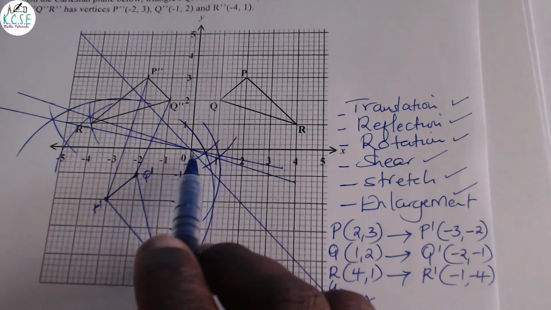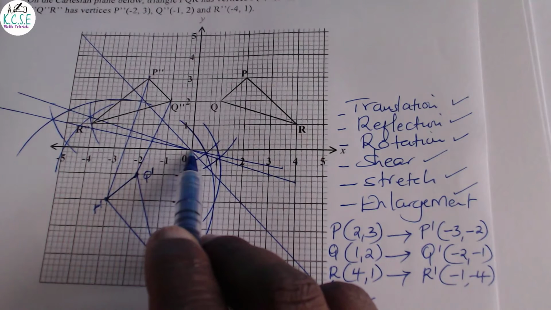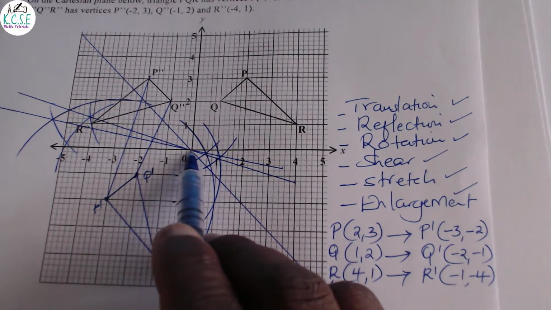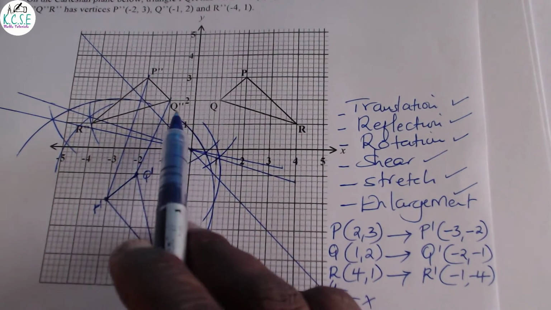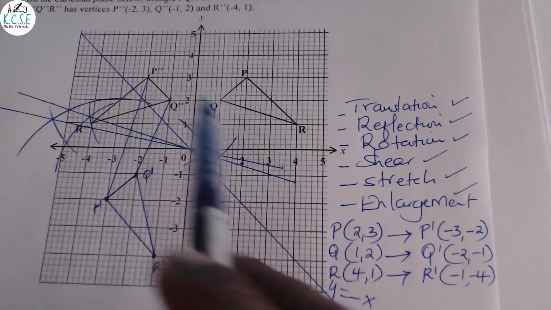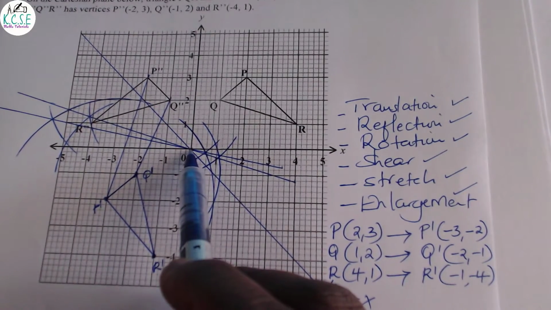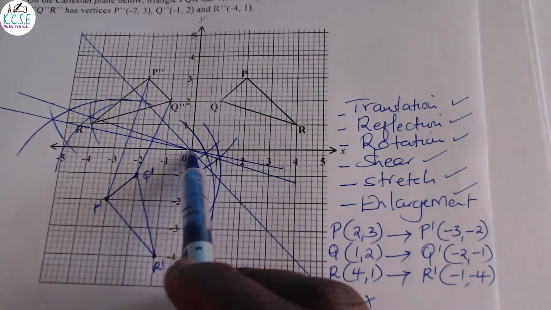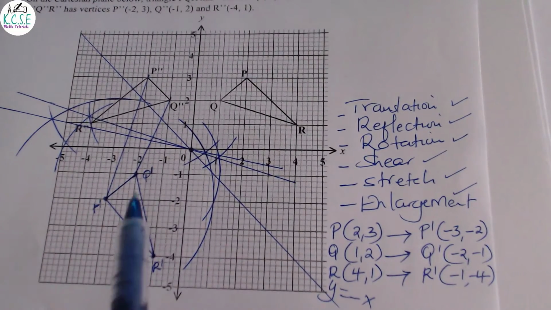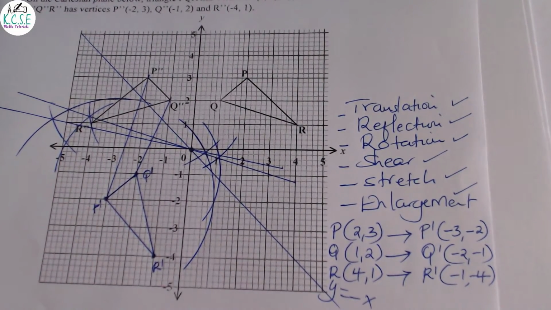They are meeting at the origin. Remember, we constructed the perpendicular bisectors of Q prime Q double prime and P prime P double prime. The two perpendicular bisectors are meeting at the origin. So that is the center of rotation.